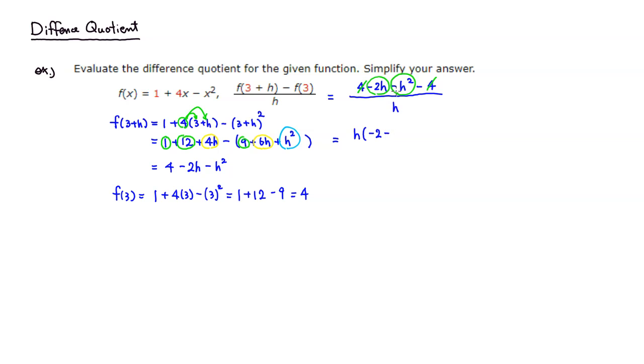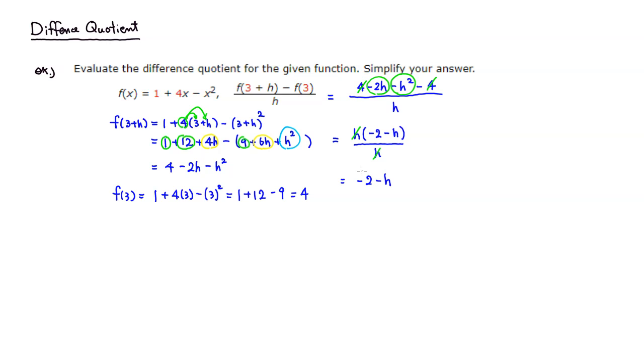Then if you pull h from negative h squared, you have another h, negative h, left over. And then divide by h, right? So you can see a common factor h on top and bottom, so we can cancel them out. So it comes out to be negative 2 minus h.